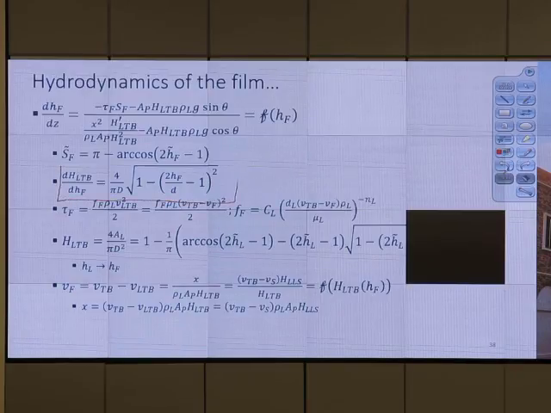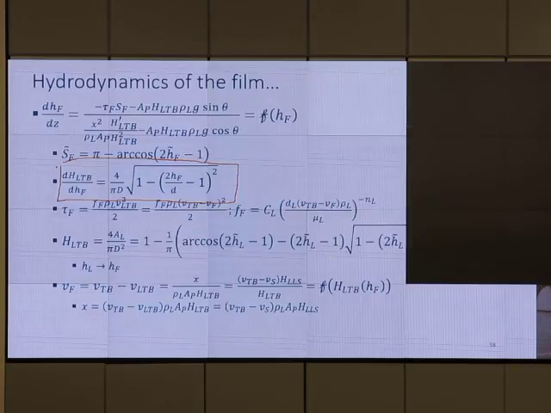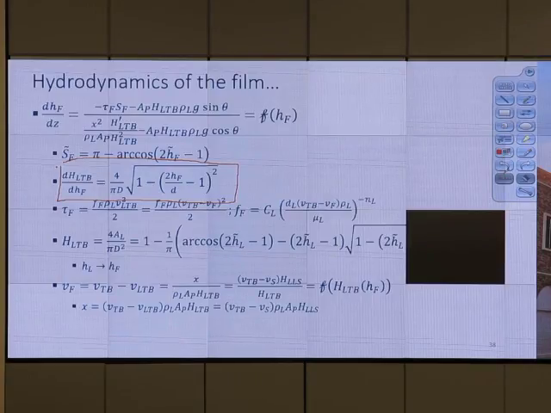This one, right? That is HLTB prime. Slide 38. Did you start to print your slide? It is open book, right? So this is HLTB prime or dHLTB by dHF, right? And it is a function of HF. Correct?